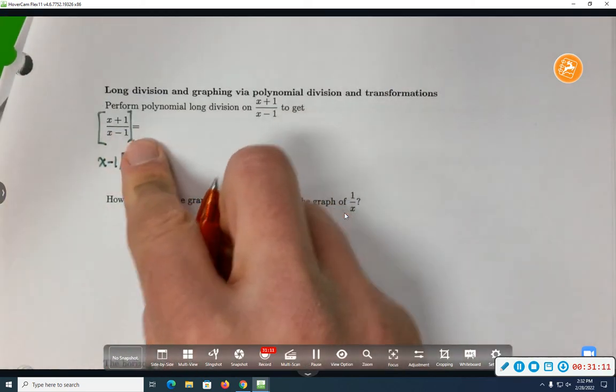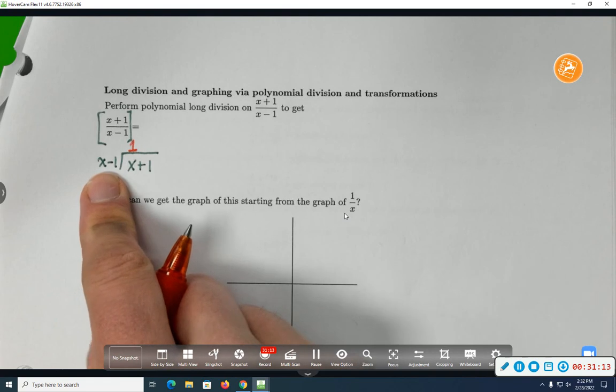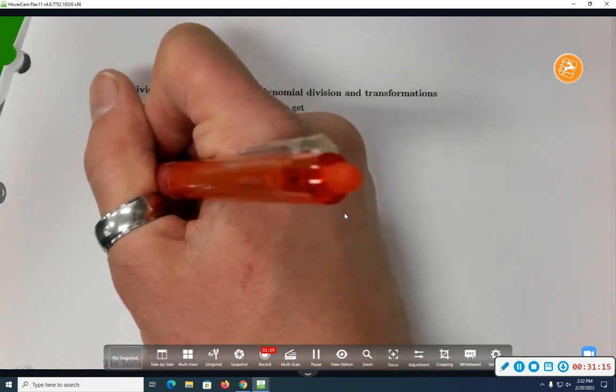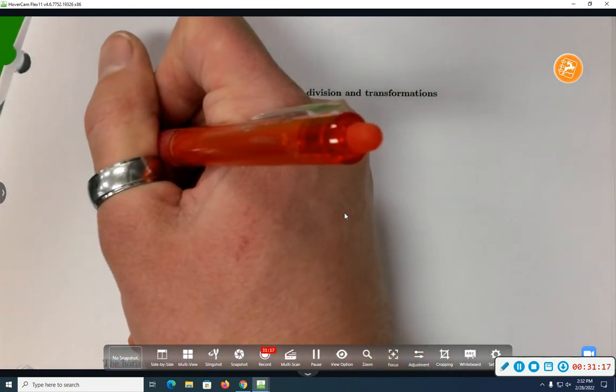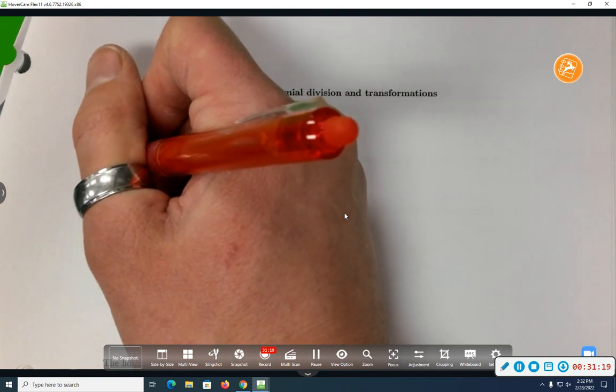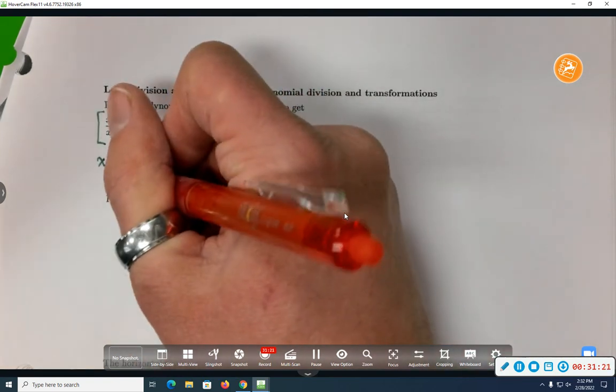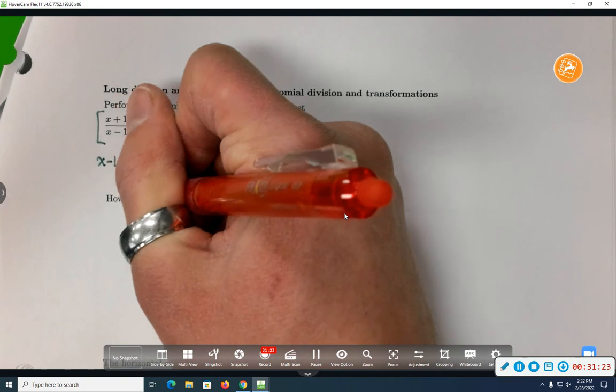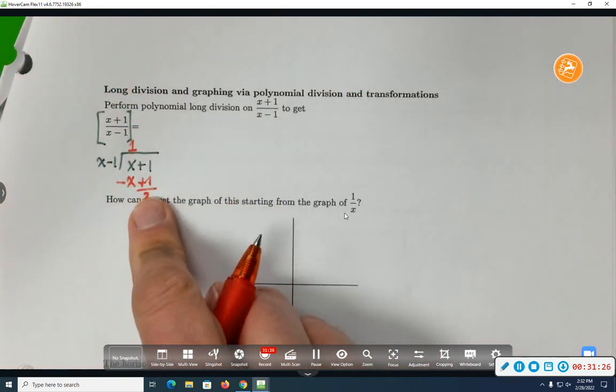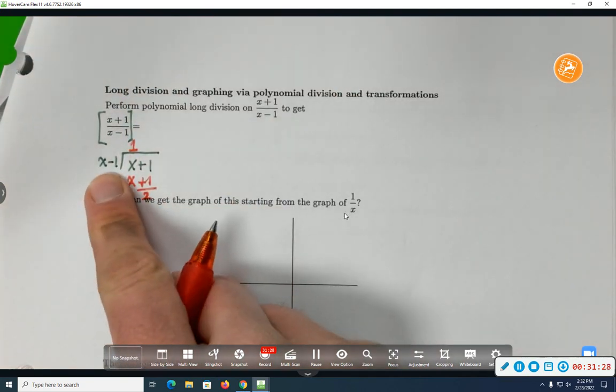So then you take the 1, you multiply it by x minus 1, and you subtract. That will be minus x, minus 1 times negative 1. So that's minus negative 1, so plus 1. This 2 is now lower degree than x minus 1, so there's a remainder term.